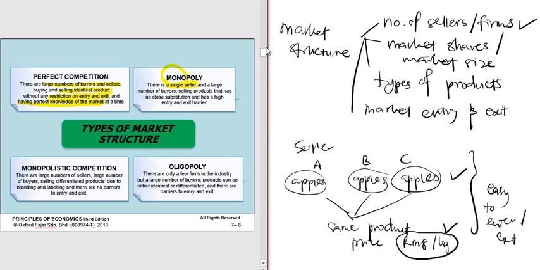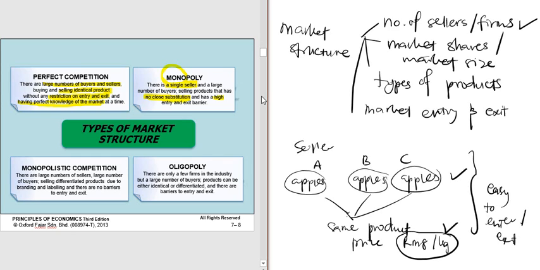The seller sells products that have no close substitute, meaning there are no other firms that sell the same type of product as this seller. This is the only seller that sells this kind of product.